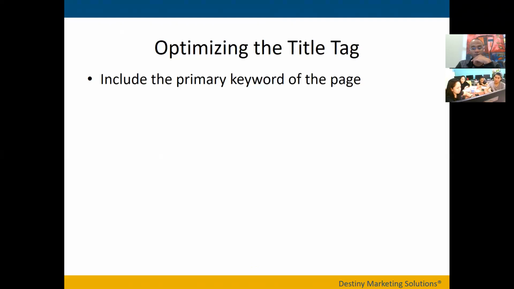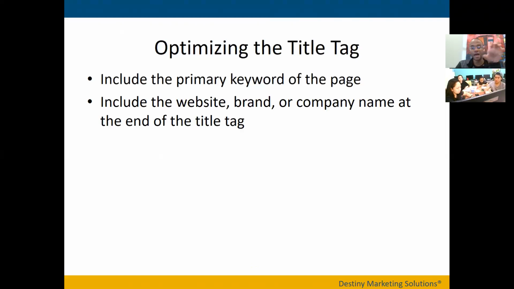You want to include your primary keyword of the page, preferably at the front of the title tag. You want to include the website, brand, or company name at the end of the title tag. You want to keep it under 70 characters so that it's not cut off in the search results.